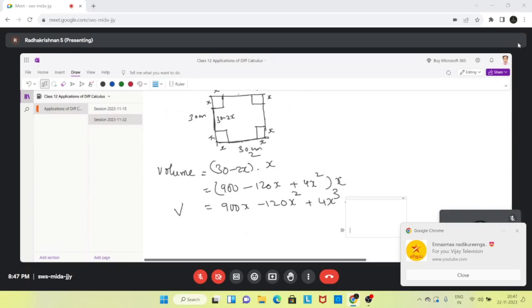So what is dV by dx? It is 900 minus 240x plus 12x square. You simply equate this to 0.